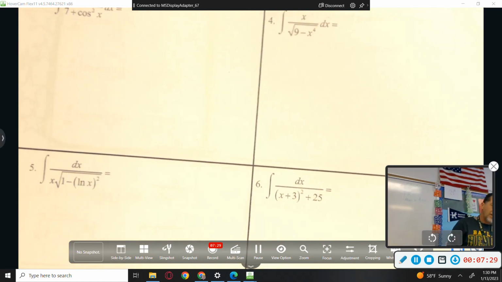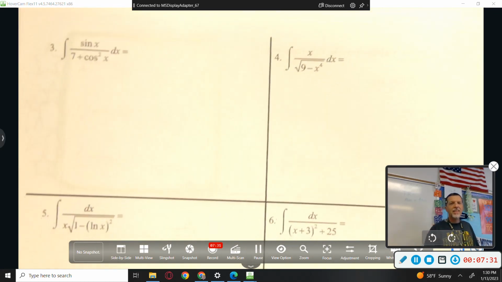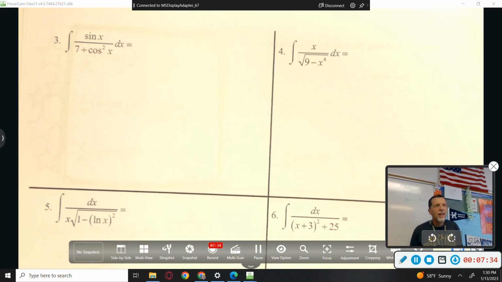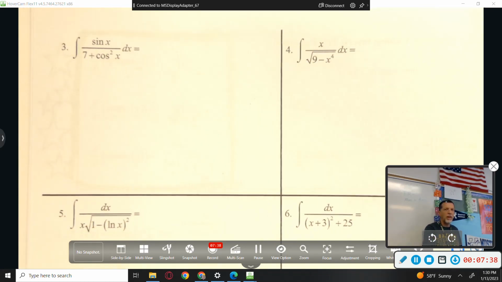Okay, then things get a little bit weird here on number 3. So does that look like any of the ones we've been dealing with? Tangent? Kind of.